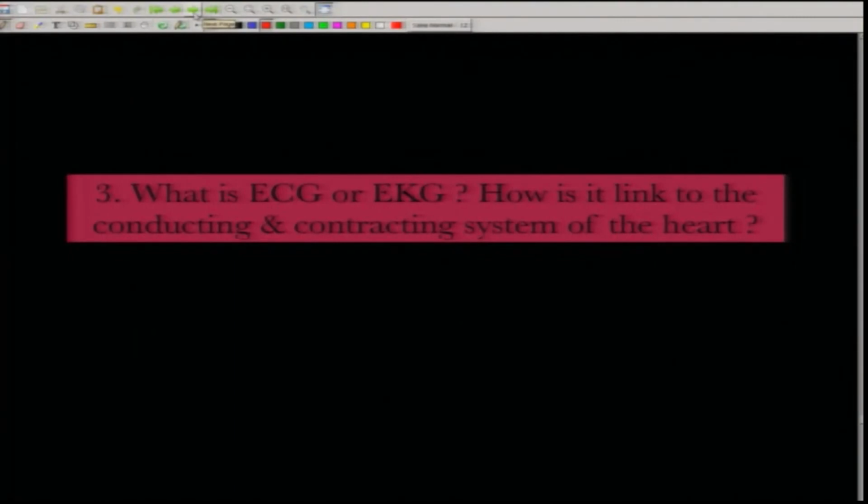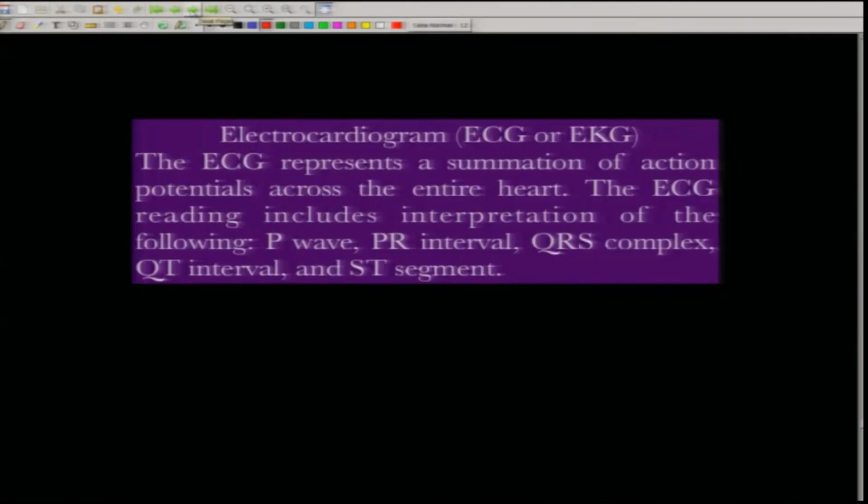What is ECG or EKG? How is it linked to the conducting and contraction system of the heart? Electrocardiogram, if you look at it, ECG represents a summation of action potentials across the entire heart. ECG reading includes interpretation of the following: P wave, PR interval, QRS complex, QT interval and ST segment.